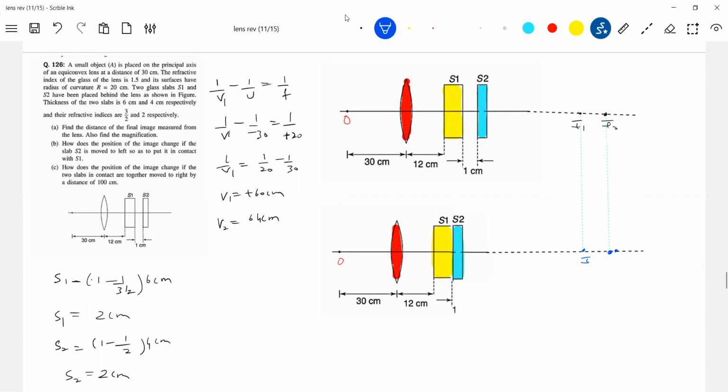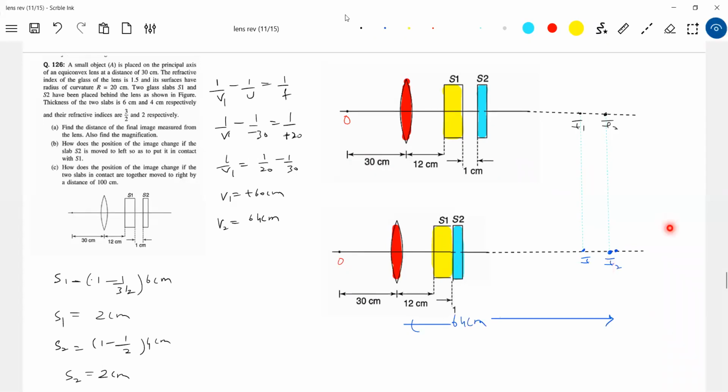So what about the nature of image? Because now the two slabs are at 100 centimeter, and 64 centimeter is where the final image is formed. Till here it will be 64 from the lens. This 64 is here. Now what happened?